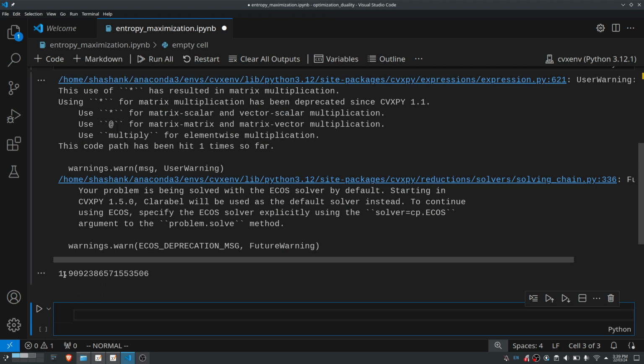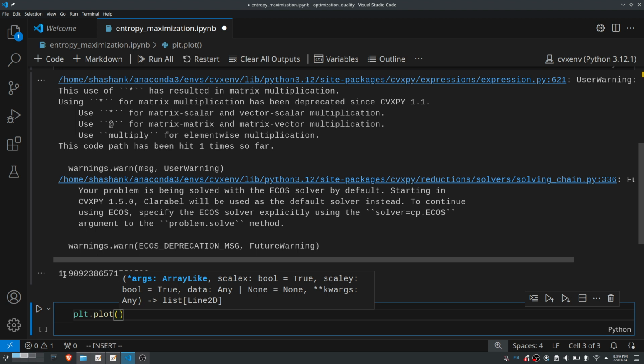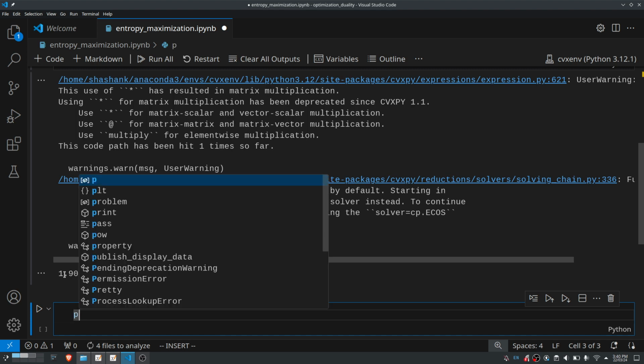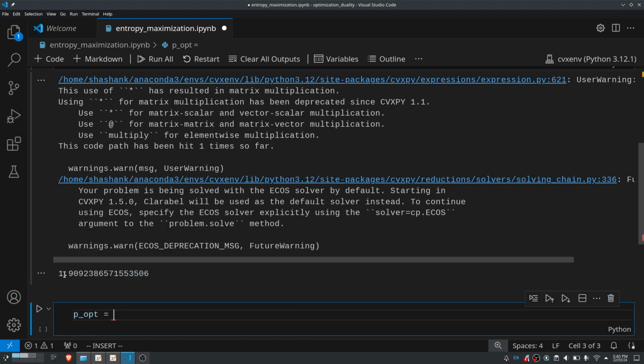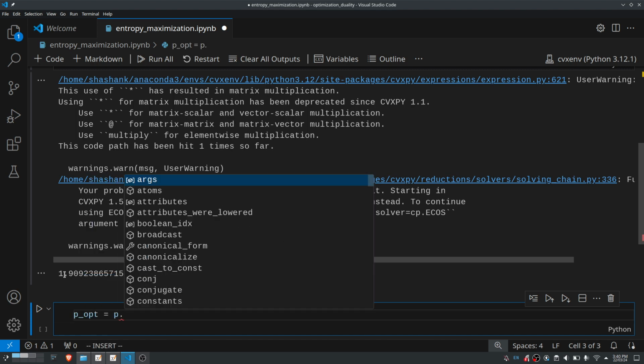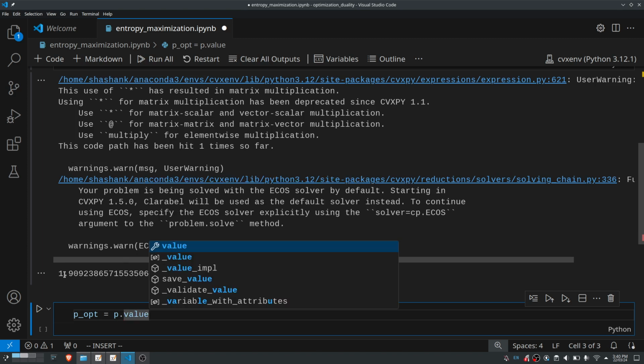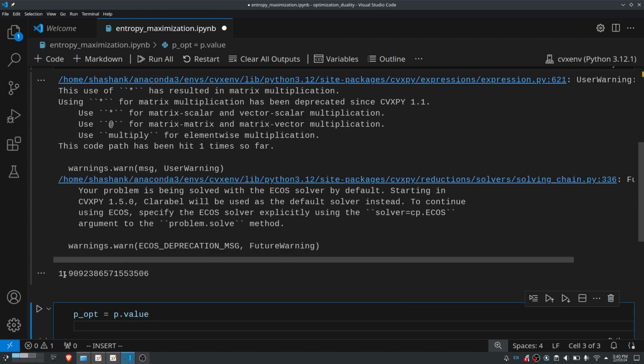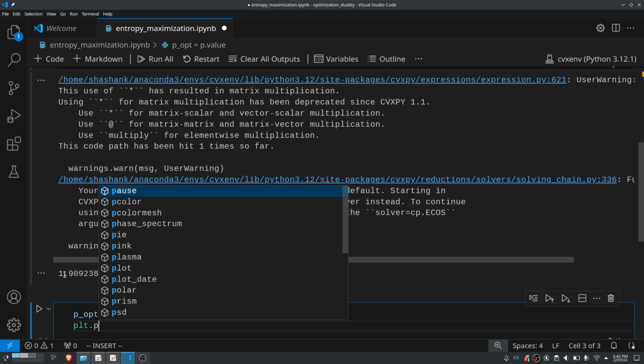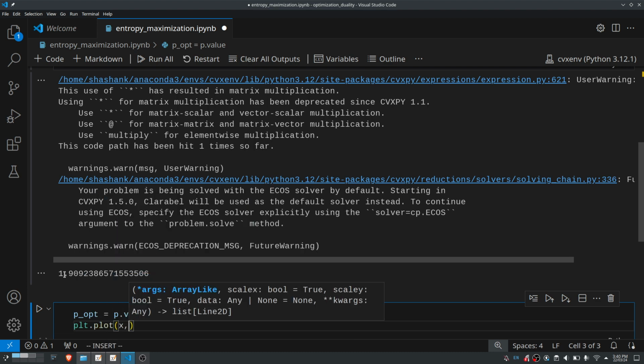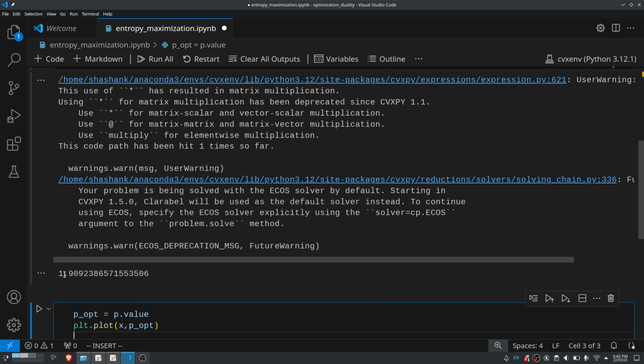Right? So let's plot the PMF, which is exactly what we want to solve. Fine, right? So let me call P opt to be P dot value, and plot x comma P opt.